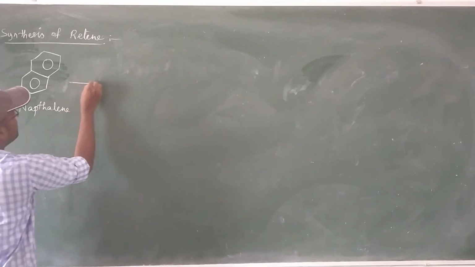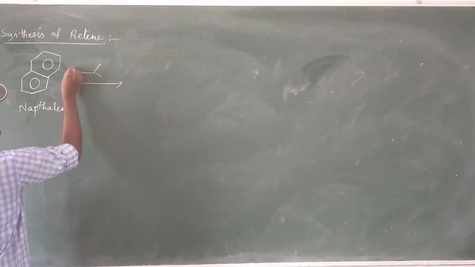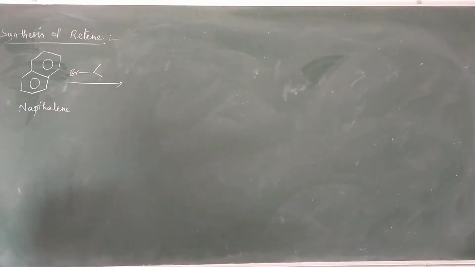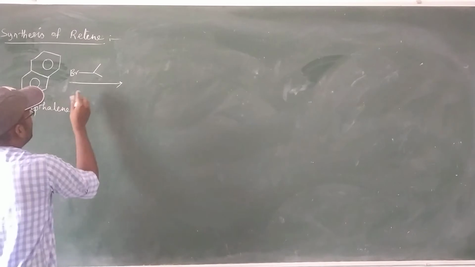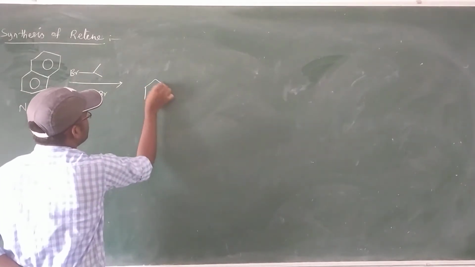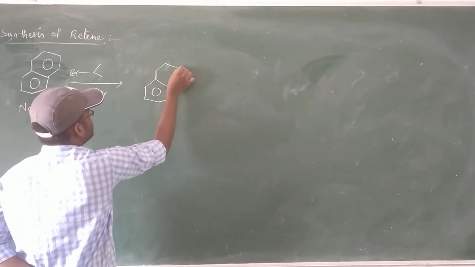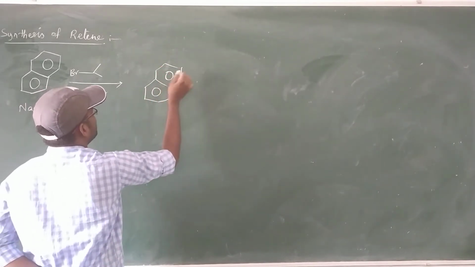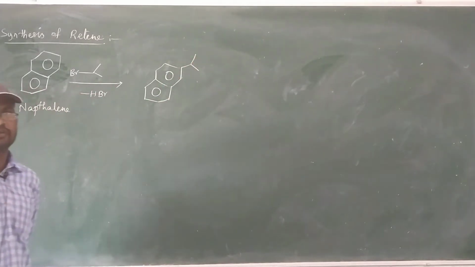When treated with isopropyl bromide, the reaction is carried out with elimination of HBr and formation of isopropyl-substituted naphthalene. That isopropyl group is substituted in the place of hydrogen.